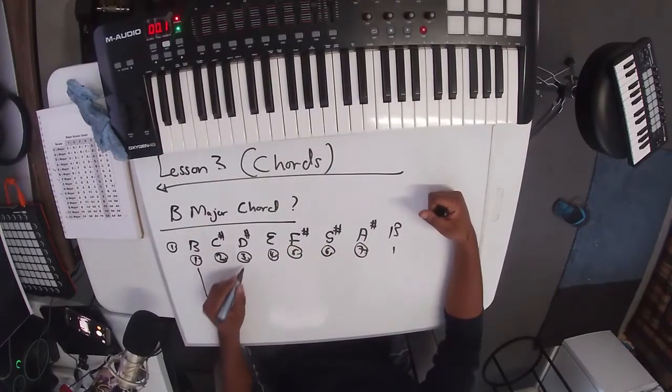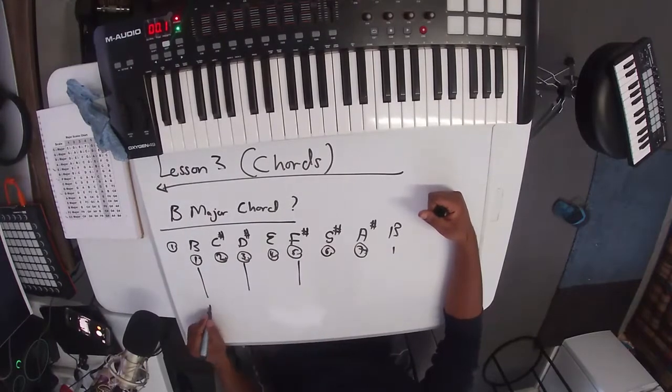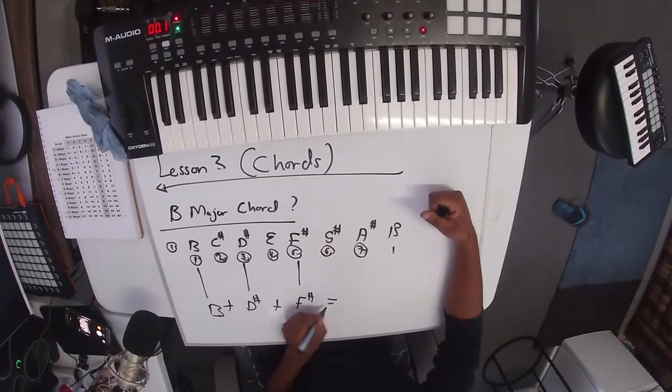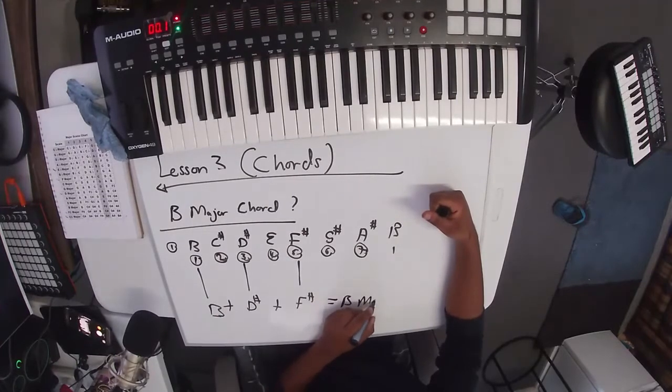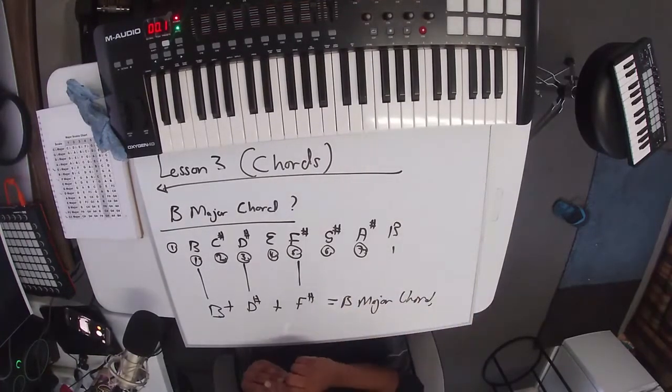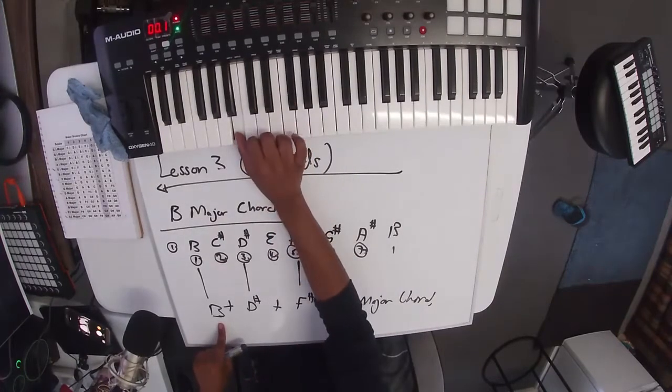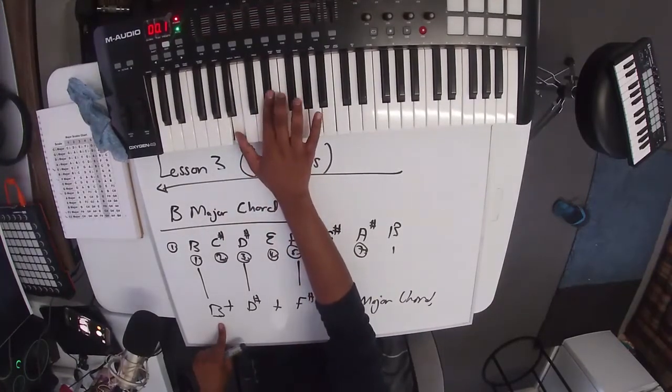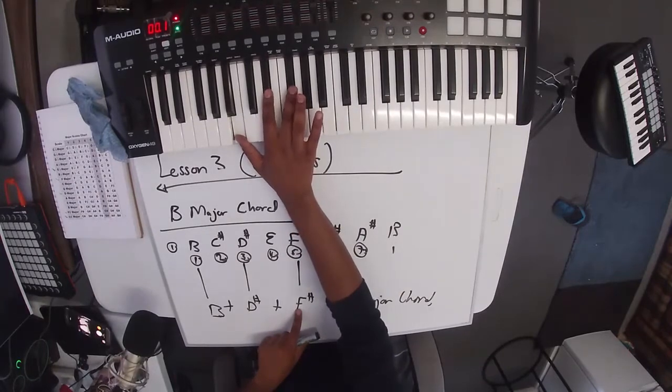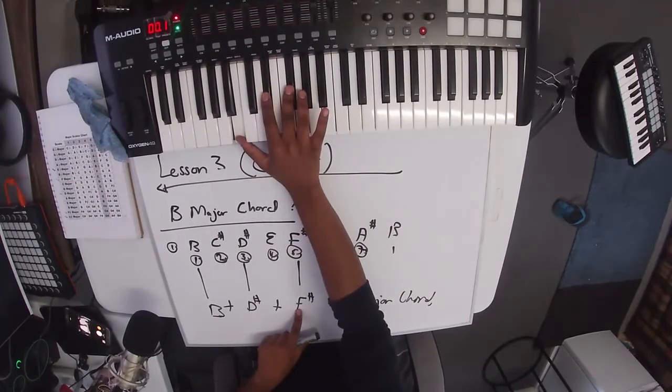I take the 1, the 3, and the 5, so that's B, D sharp, F sharp. I play them together, 1 plus 3 plus 5, and that's your B major chord.